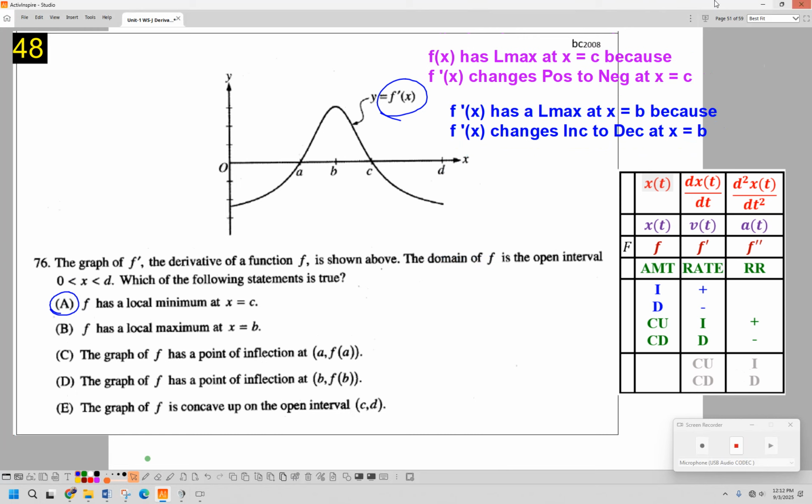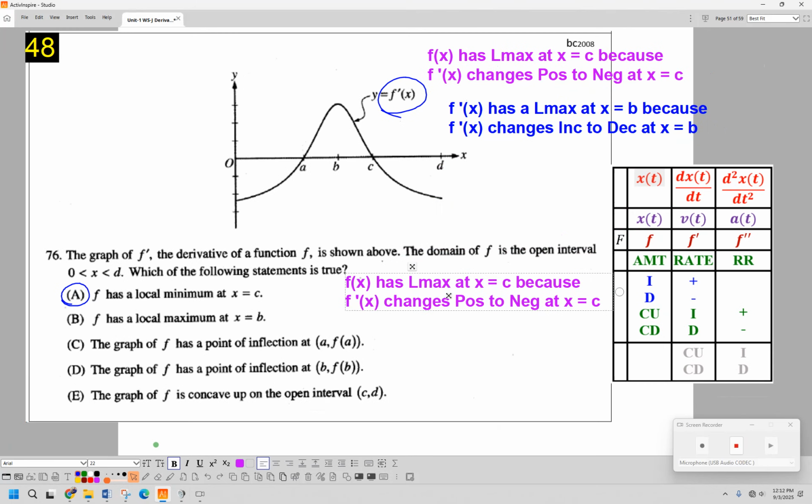I'll type it up; the mouse just won't work. Apologize for the technology. Here we go. That means f has a local minimum at x equals a, not an inflection point, because f prime changes from negative to positive at x equals a.